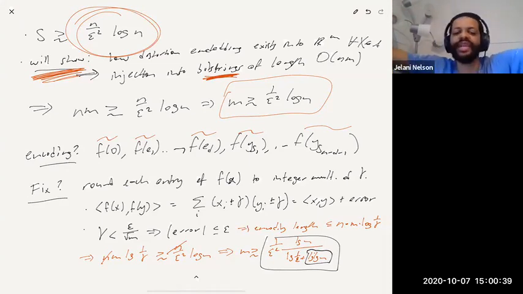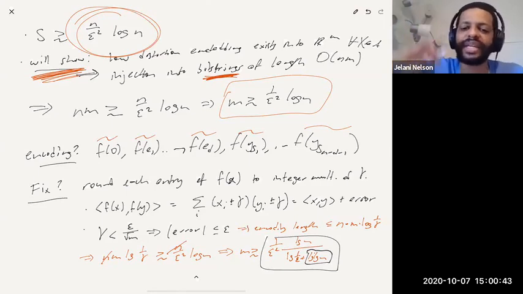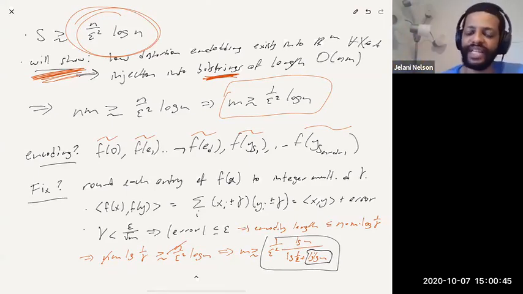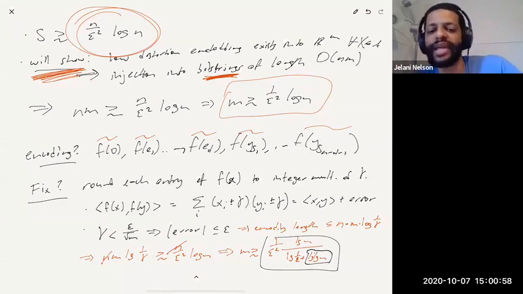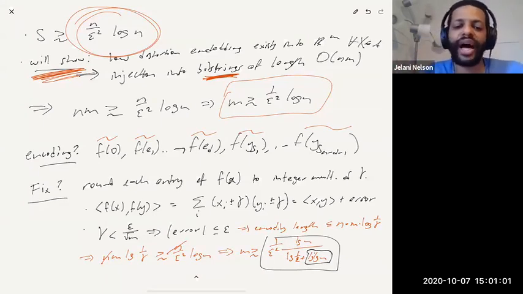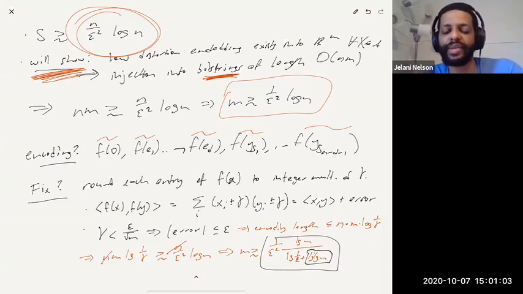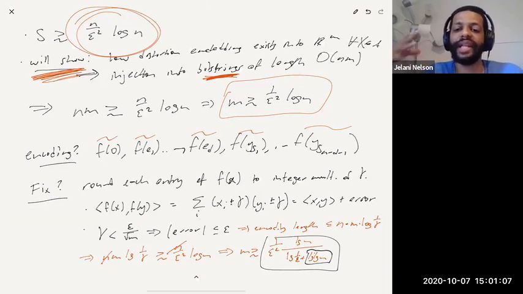And I'm taking entries of that and rounding them to the nearest element of a gamma net under L infinity. The L infinity norm is just the magnitude of the largest entry, right? So I'm saying that I have x and I want to round it to x prime such that for all i, x_i minus x prime at position i is at most gamma in magnitude. So that's saying that I want to have an L infinity net of quality gamma.